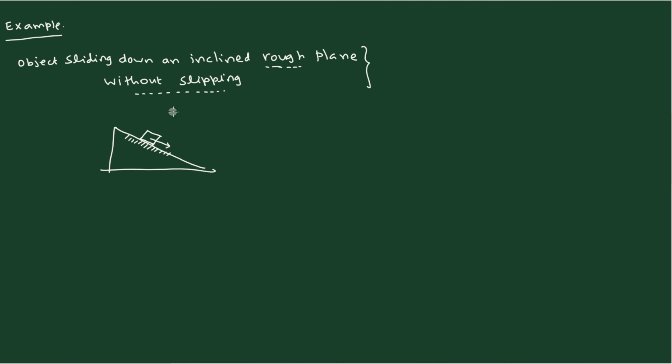The object has to slide down the inclined plane only. It cannot fly. So there is some restriction. So a constraint is there. What type of constraint is it? Is it holonomic or non-holonomic? That's our main question. So the answer is that this will come under the non-holonomic system. So let me write down that this is a non-holonomic constraint.